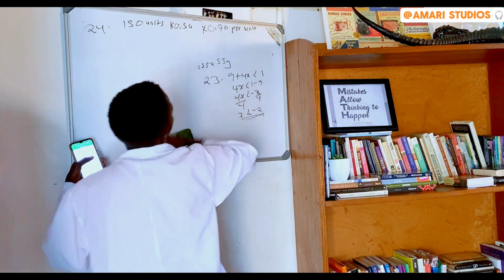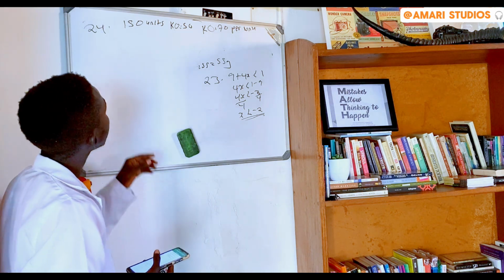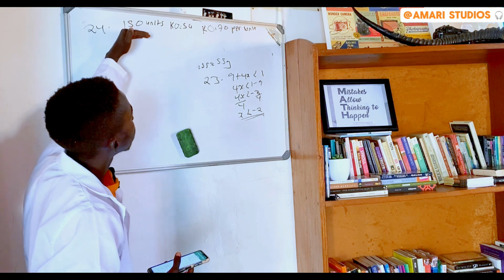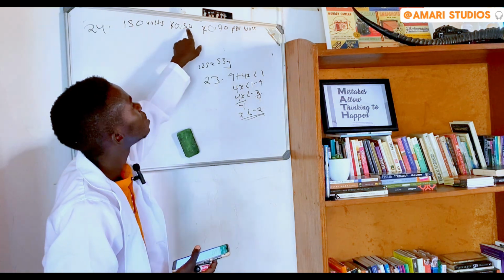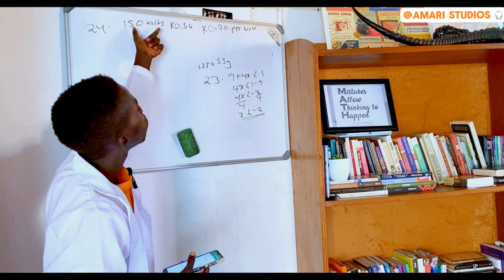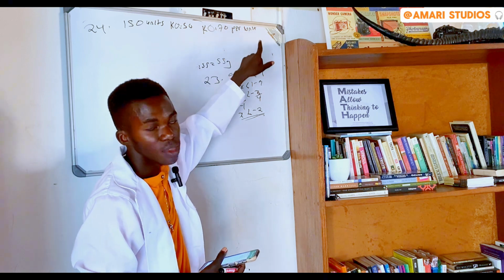So the question is saying that if you buy electricity units, 100 units specifically, you are going to pay 0.50. Then the rest that you buy after that, you're going to pay 0.70.